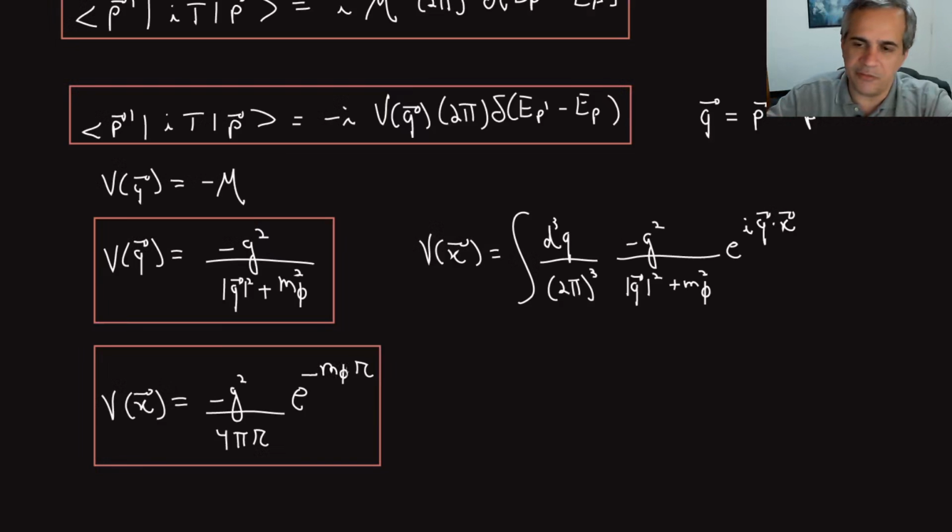And the second fact we notice here is that this is an attractive potential. Here we must be careful because this expression right here can be a bit misleading. It seems like I'm tying the sign of the potential to the sign of the matrix element.